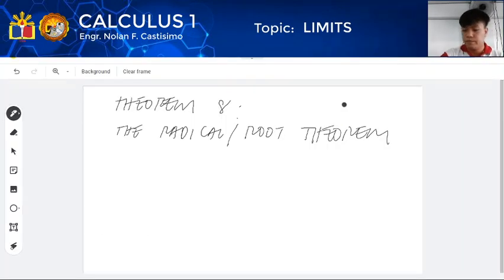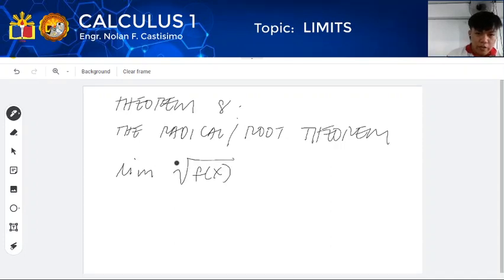Okay. So, andyan yung formula natin or the mathematical notation. Sulat natin. So, mathematical notation, if the limit of nth root of f of x, nth root natin, yun yung n, andito, as x approaches a. So, itong n natin can be any real number. Naintindihan?